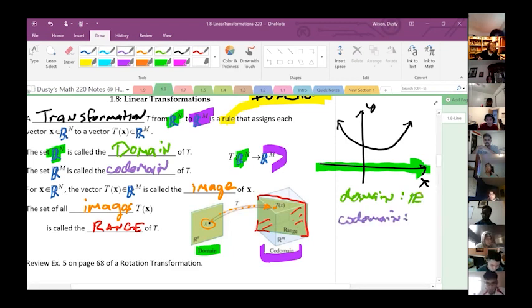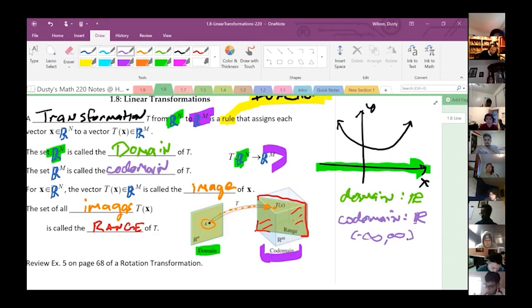It would be the vertical axis, and specifically it would be all of R again, because we're saying that all the outputs, and this would be positive and negative, like negative infinity to infinity in the vertical direction. So it's all the things that can come out. That's our codomain.